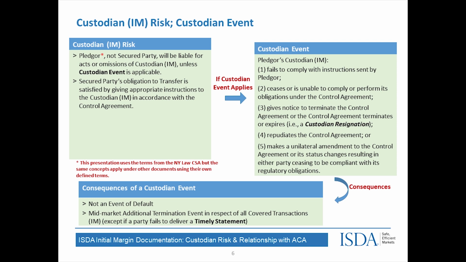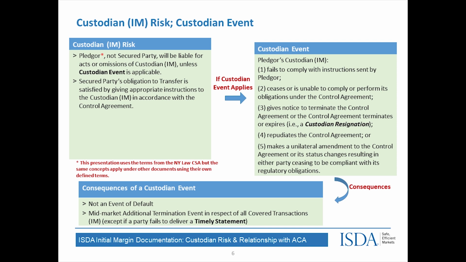That's just how phases 1 through 3 have developed and how I would expect it to continue to develop, because the pledger needs to create a relationship with their custodian that they then branch out to all of their trading relationships. So in general, the way that the documents are set up is that they put the risk of a custodian failure or resignation and what that may mean on the pledger.